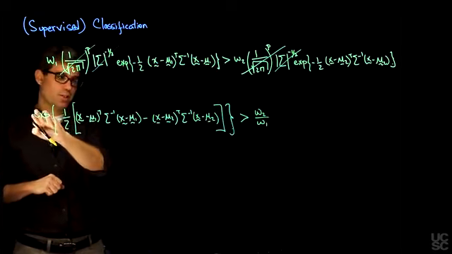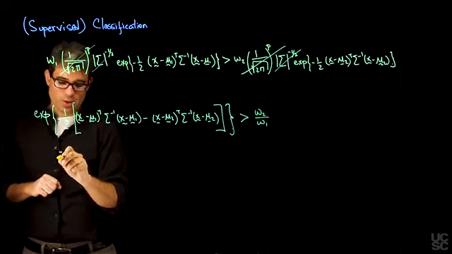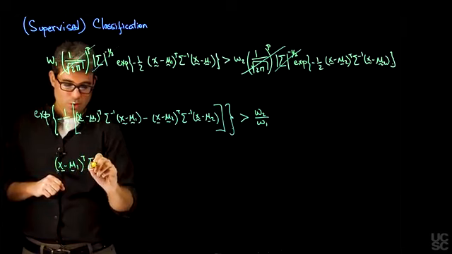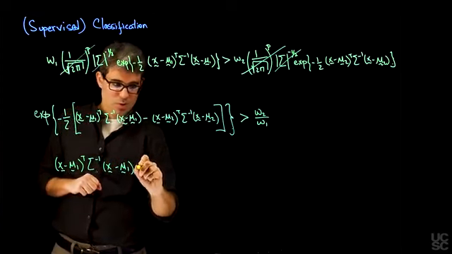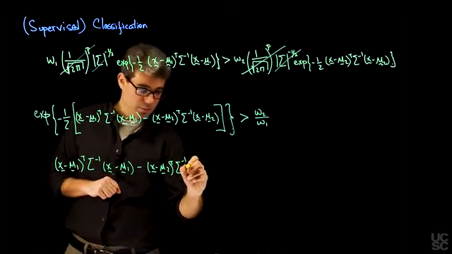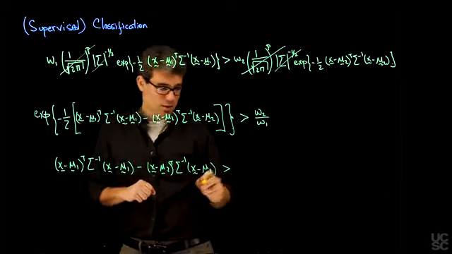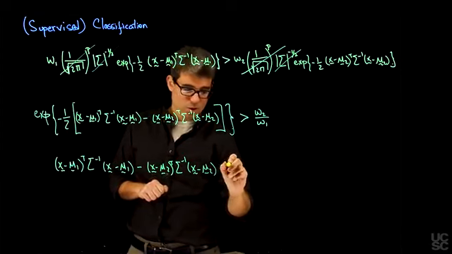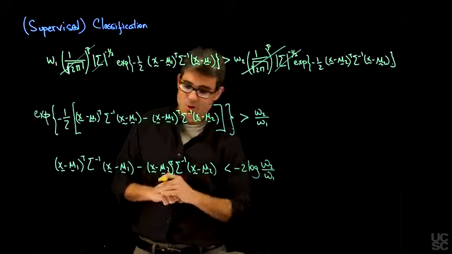Now, some further simplifications, I can take the logarithm on both sides, and I can multiply by minus 2 on both sides, and I end up with an expression that looks like x minus mu 1 transpose sigma inverse x minus mu 1 minus x minus mu 2 transpose sigma inverse x minus mu 2 has to be less than, because I'm going to end up multiplying by a minus 2, less than minus 2 log of omega 2 divided by omega 1.